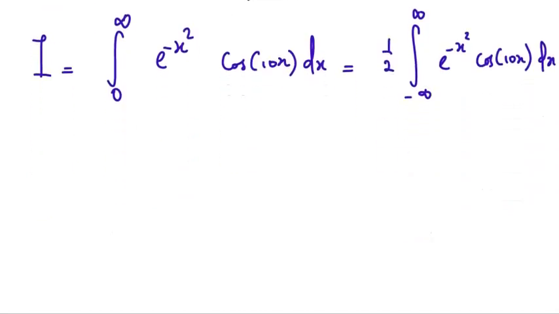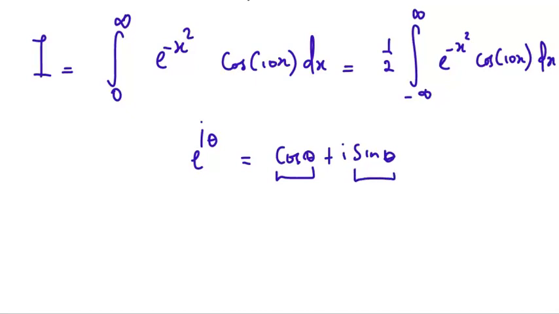Now let us recall, e raised to the power of i theta is equal to cosine of theta plus i sine of theta. You can see the real part is cosine theta, while the imaginary part is sine theta.